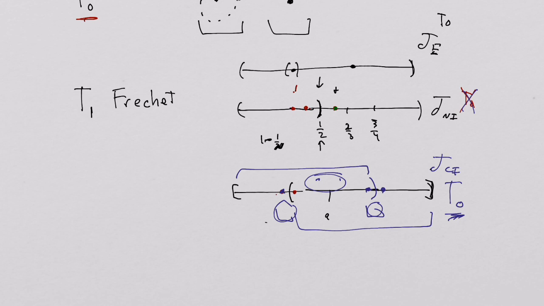We've hinted at it a little bit because what we talked about here was that in the closed interval topology, there were cases where we could separate one point from another, but we couldn't put each point in its own open set, right?